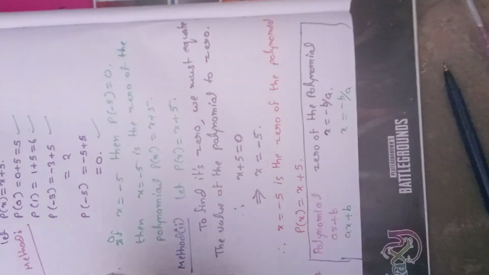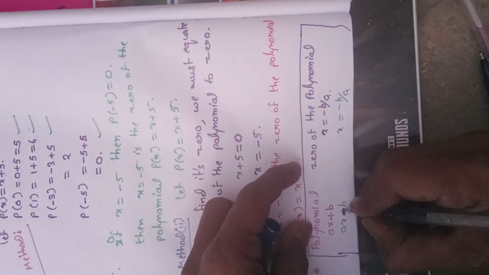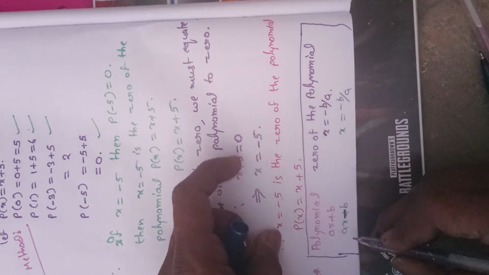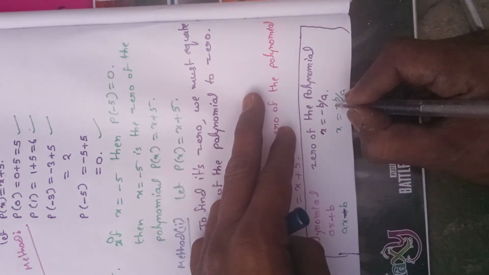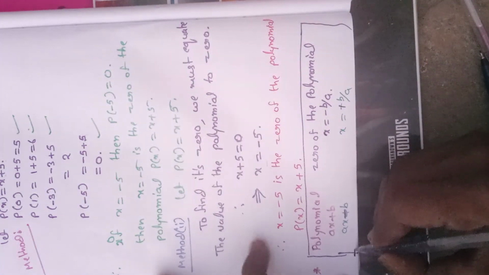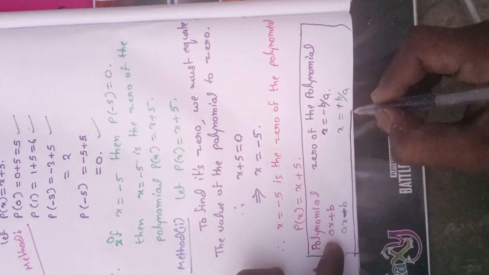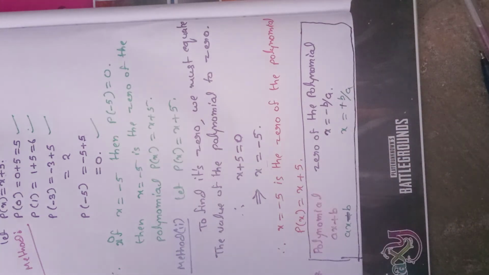These both are the same only. I want to write the 0 of the polynomial ax minus b. So then x equals plus b by a. It is the 0 of this polynomial. You can use both of them as formulas when dealing with objective problems.